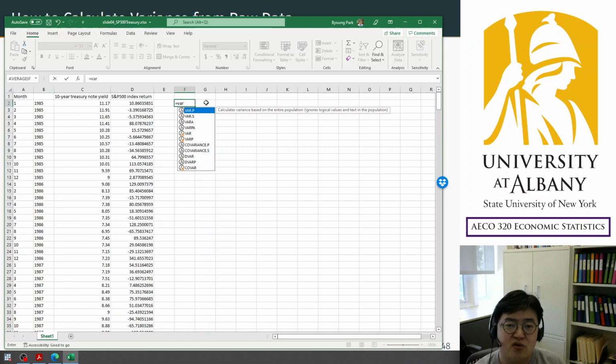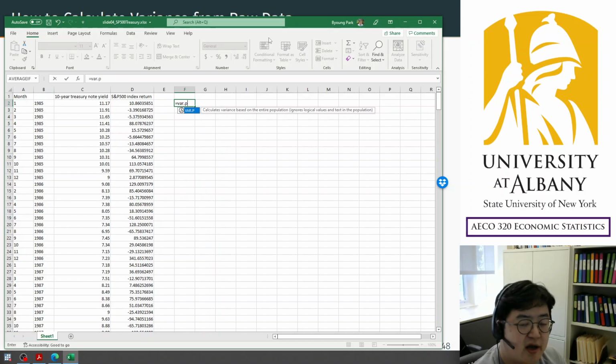If you want to use the variance formula, you type variance, or there are two different formulas, VAR.P and VAR.S.